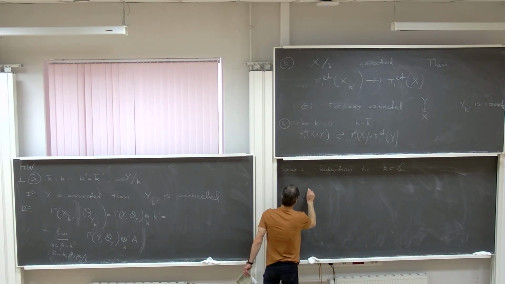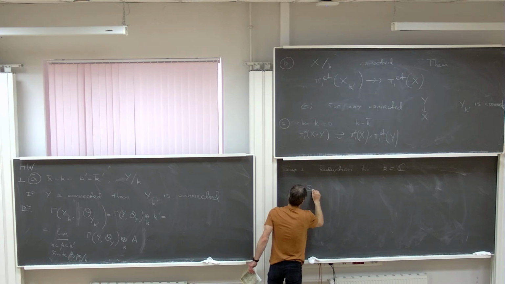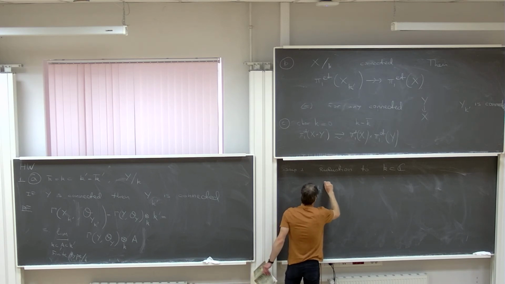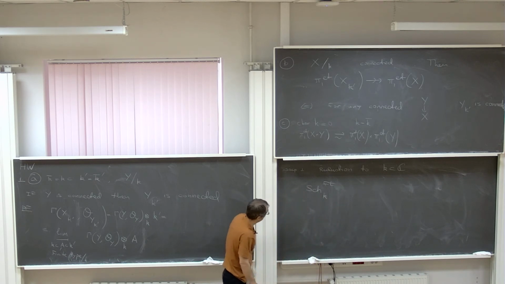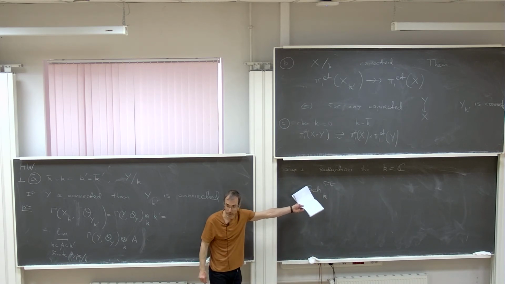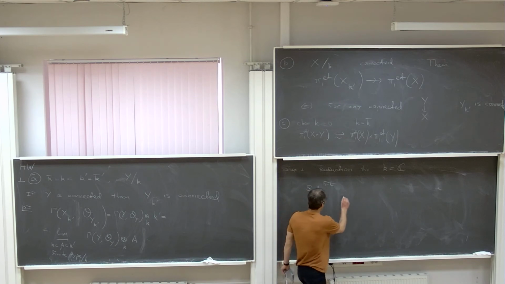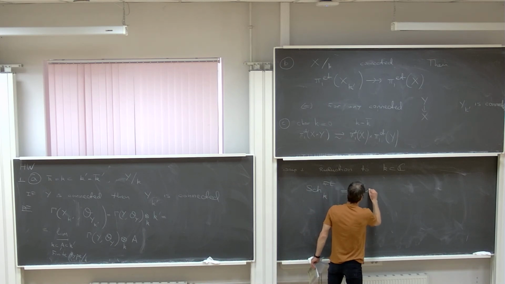If you consider the category of schemes of finite type over K, then this whole category can be written as an inductive limit.